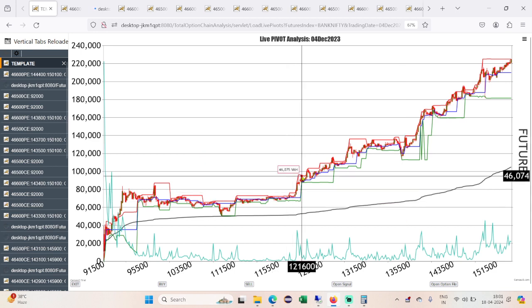So if we develop a system that is not dependent on trending markets, but on a market which moves like a sine wave, or a market which is stagnant, we option buyers have high chances to make money.